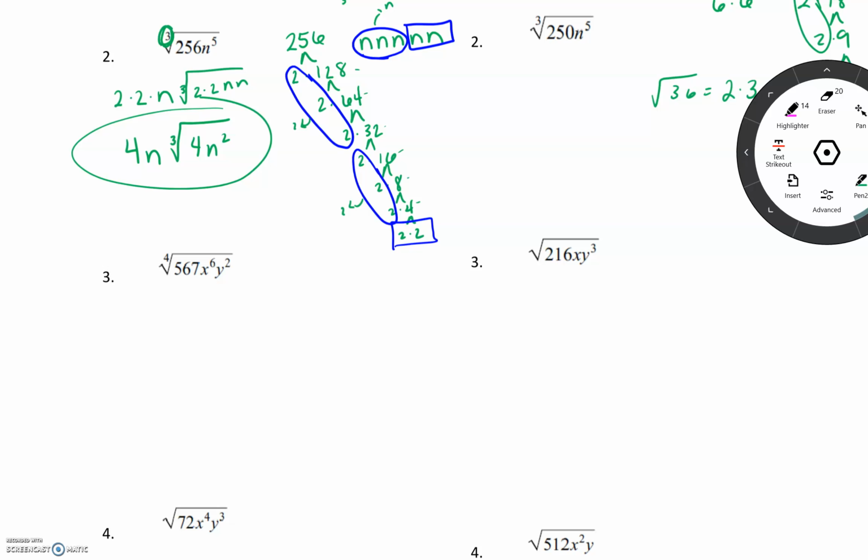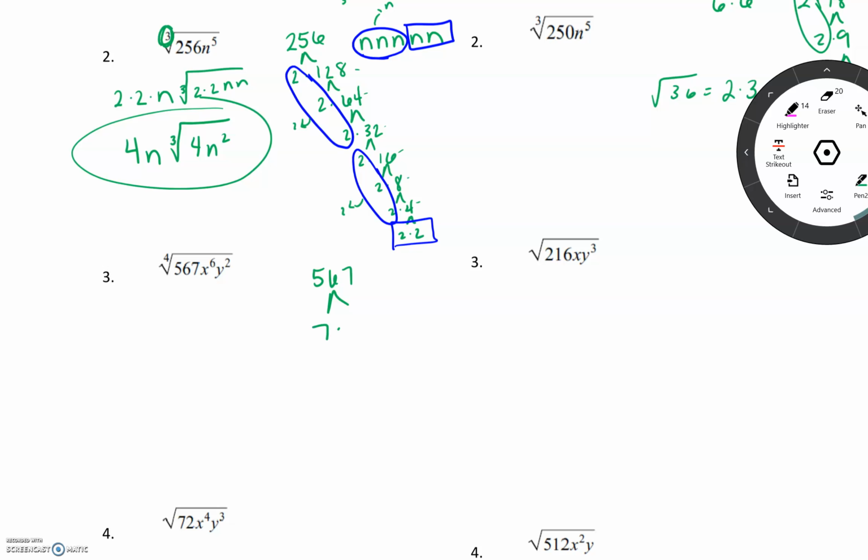All right, number 3. We are underneath a 4th root. Right, so to factor this, it's not even, it doesn't end in 5 or 0, it's not divisible by 3. Oh, actually it is divisible by 3. But the first jump we can make is 7.